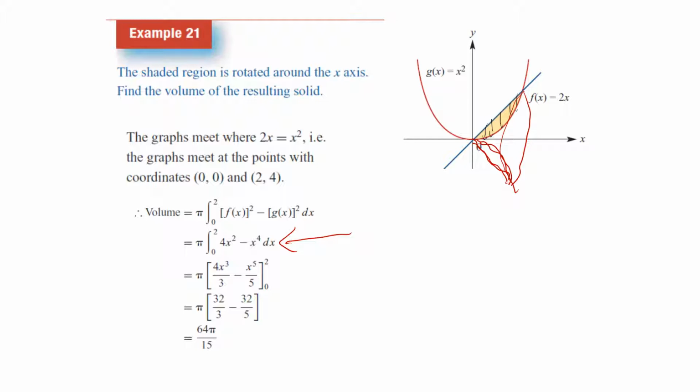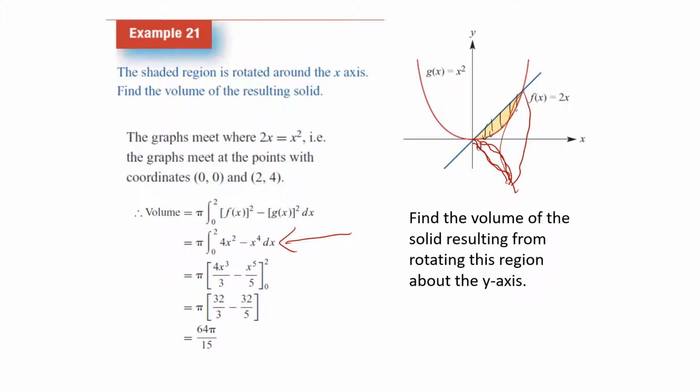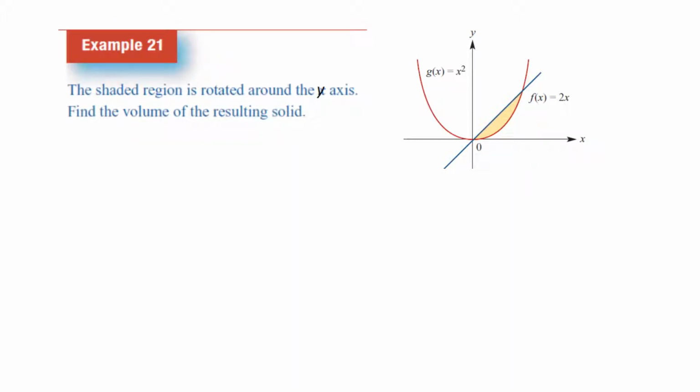Let's now examine what would be the volume if I take that same region sandwiched between the two curves and rotate it around the y-axis. When we take that region and rotate it around the y-axis, I need to think about the upper bound function and lower bound function as oriented onto the positive y-axis.